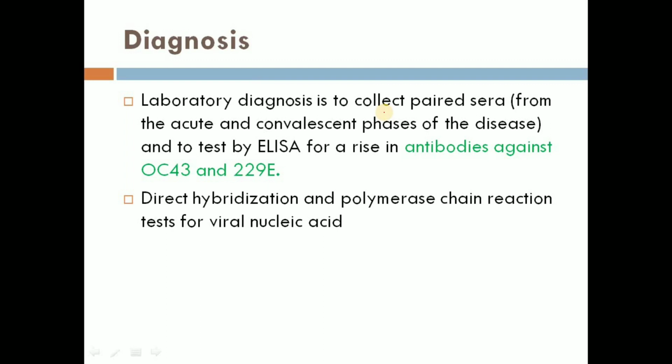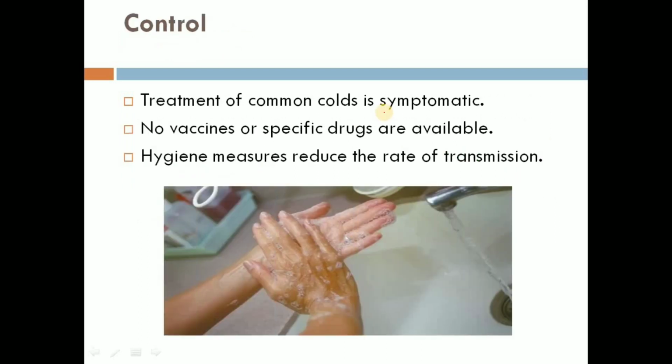Collecting paired sera is important to detect antibodies against OC43 and 229E-like coronaviruses, and direct hybridization tests like polymerase chain reaction for viral nucleic acid are also important in diagnosis of coronavirus.